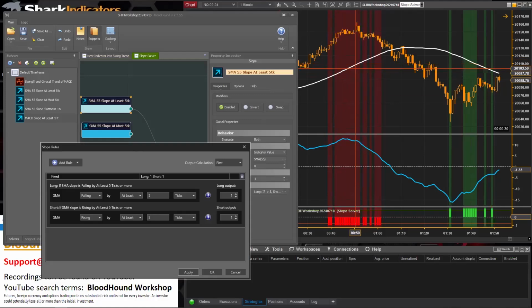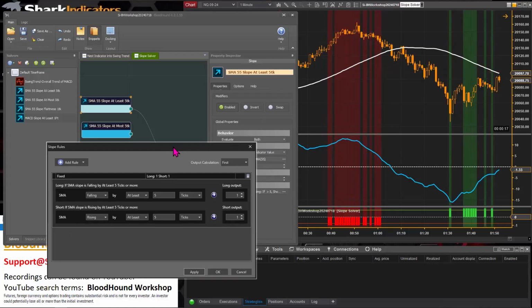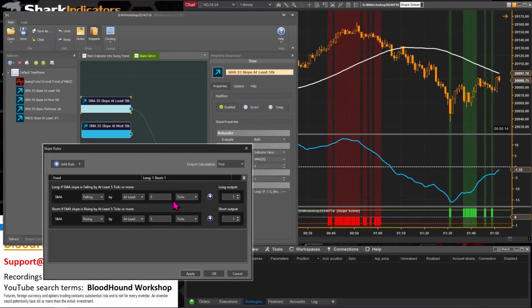People will use that as a heads up that there could be a pullback or maybe a trend reversal. That might be a practical use case in this workshop where you would want to reverse the conditions. If your SMA starts to move up really steep, the market might be preparing for a little counter trend or pullback movement.